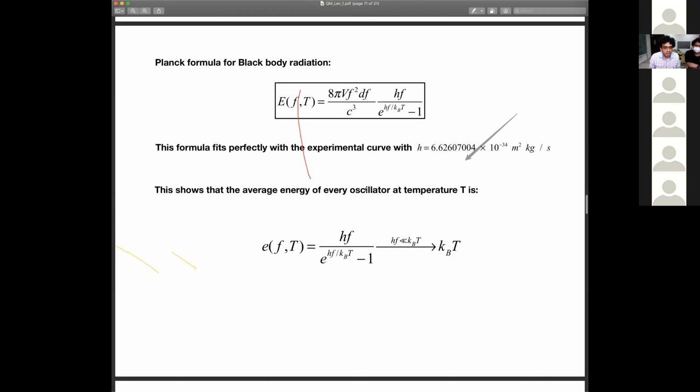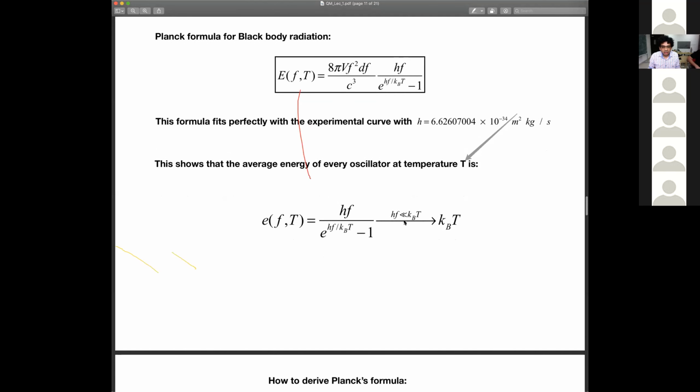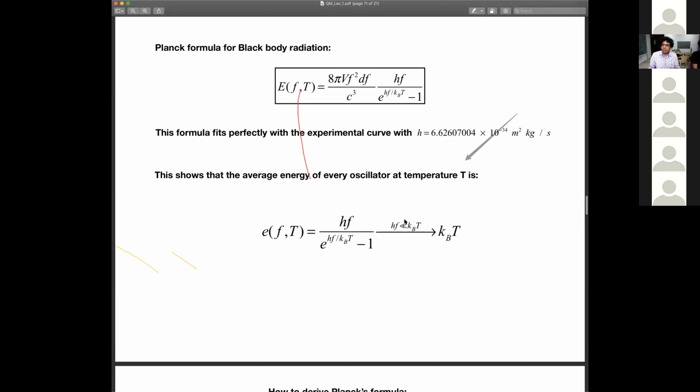But if you look at this average energy of the oscillator in the energy regime where hf is much less than k times T, when kT is much larger than hf, this average energy of the oscillator is simply k times T. So k times T in some sense measures the amount of classicality in your calculation.